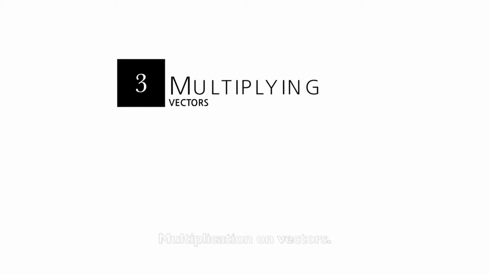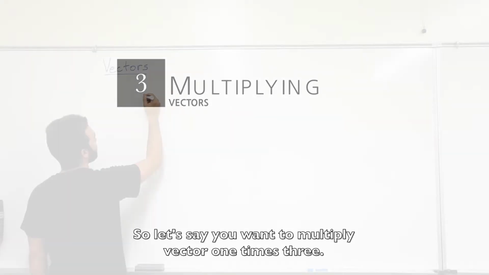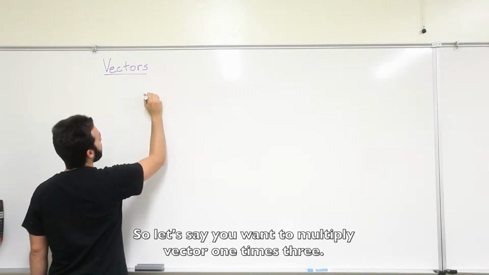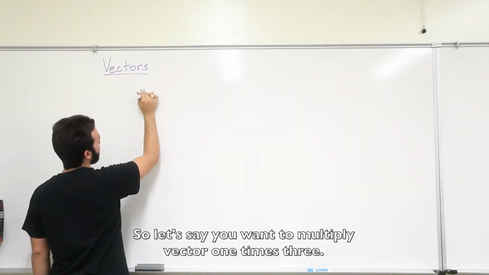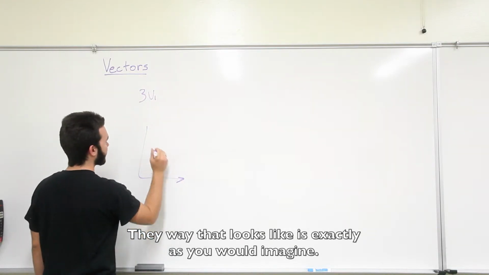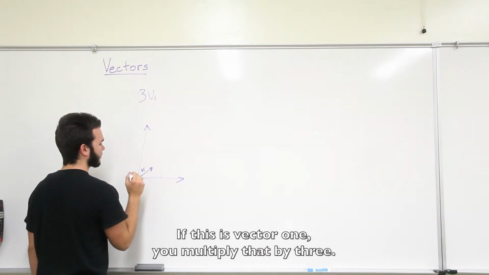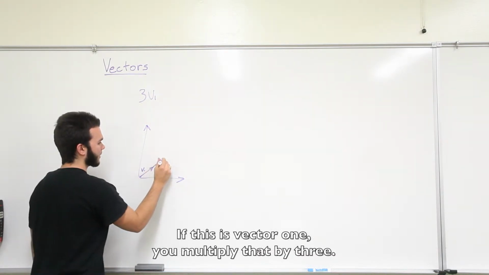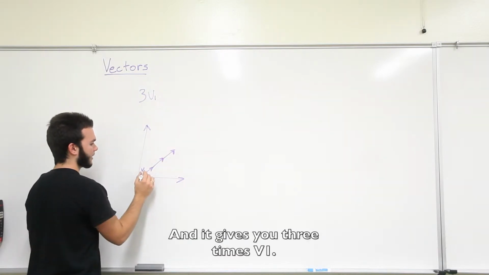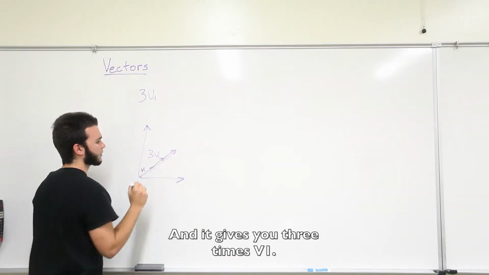Multiplication on vectors. So let's say you want to multiply vector 1 times 3. The way that looks is exactly as you would imagine. If this is vector 1, you multiply that by 3, and it gives you 3 times v1.